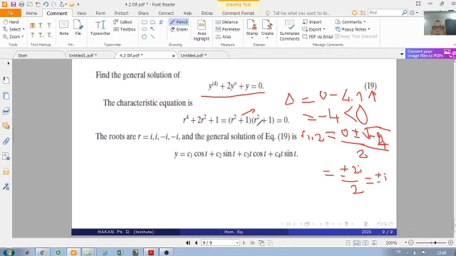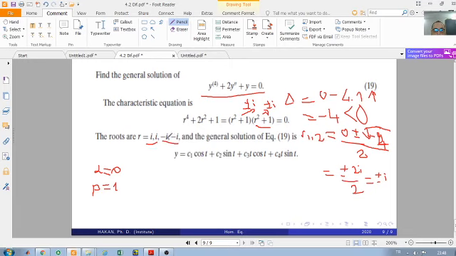Similarly, we can find the same result for the second factor, so we have plus minus i, which means i is repeated 2 times, minus i is repeated 2 times. Therefore, when we consider the formula for repeated roots, first we write alpha is 0, beta is 1. So the corresponding special solutions are cosine t and sine t, since e to the power alpha t is 1 and cosine beta t is cosine t.